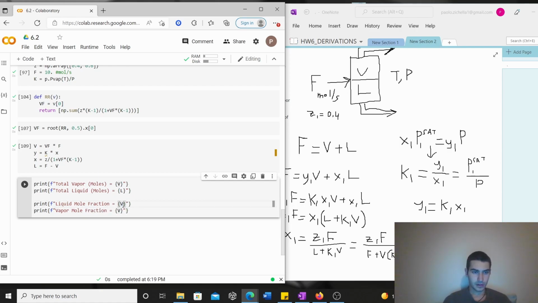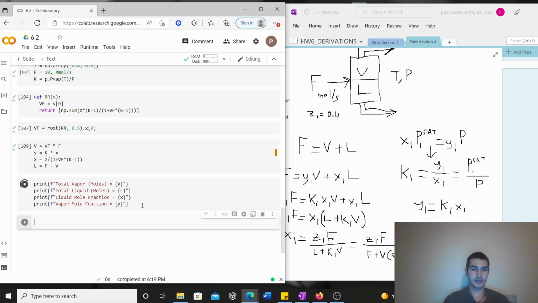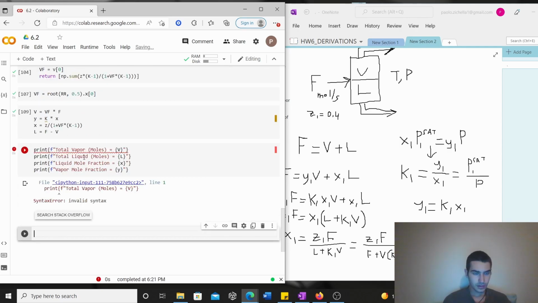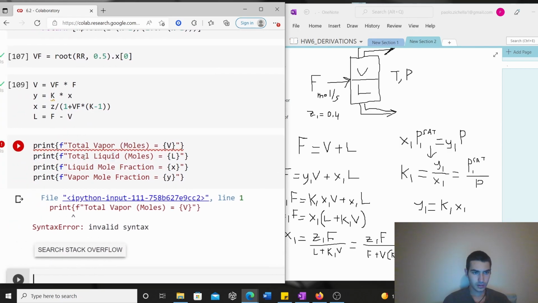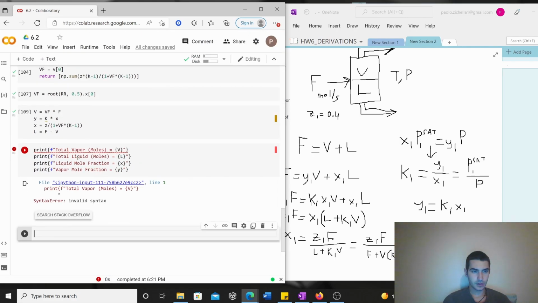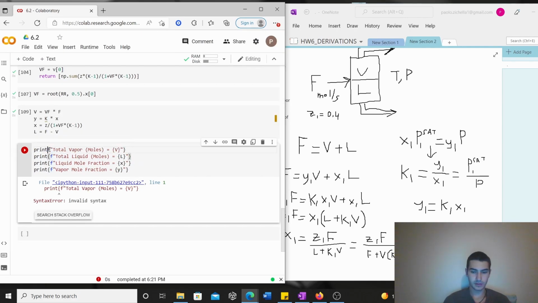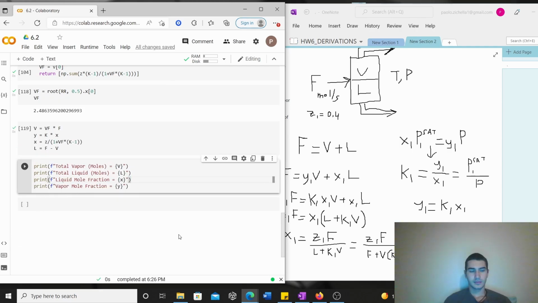This liquid is X and vapor should be Y. Go ahead, click Shift Enter. Oops, stop the brackets. Don't know why I started off with those. Okay, should be all good now.